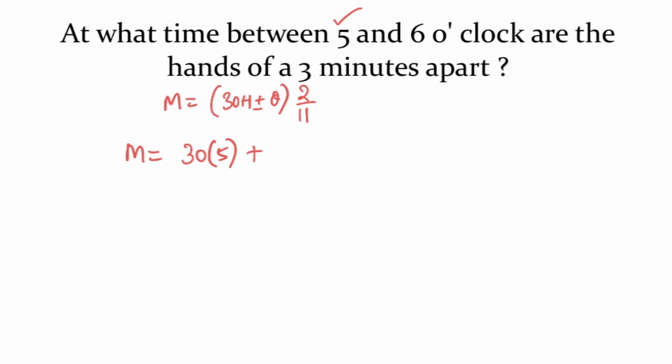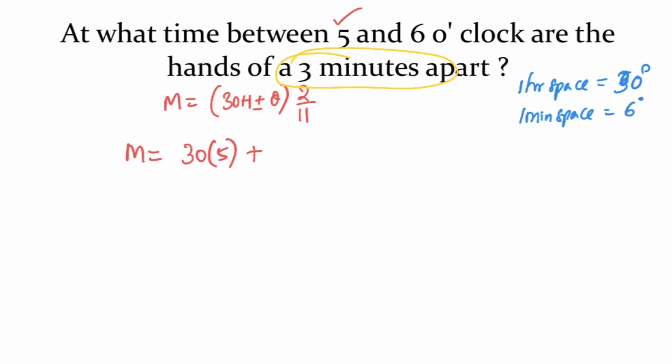What about angle? Angle is not given, but given both the hands are 3 minutes apart. I already told you in the introduction, 1 hour space is equal to 30 degrees and each minute space is equal to 6 degrees. If each minute space is 6 degrees, 3 minute spaces are equal to 18 degrees.